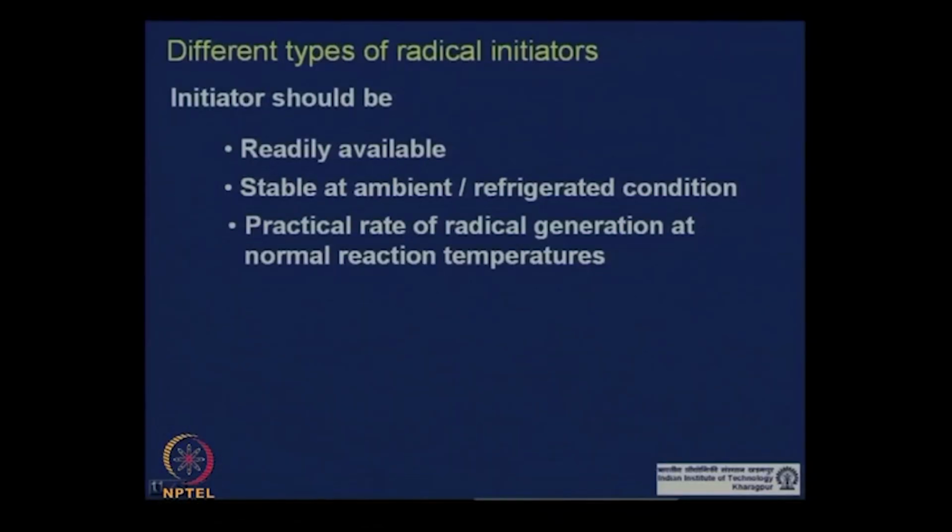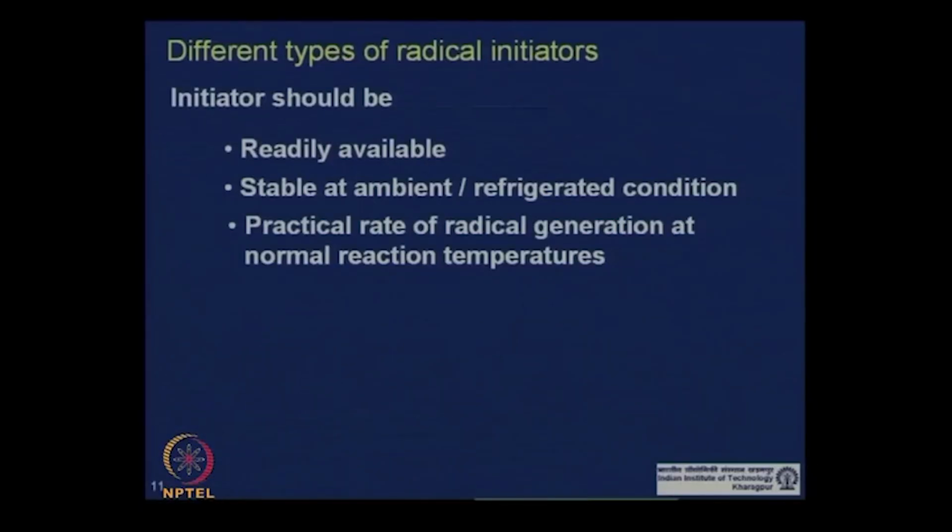And the third one we just talked about: it should generate radical at a practical rate at normal reaction temperature. It should not be too slow, or the reaction takes much longer, nor too high, as then there is a hazard because of exothermic reactions happening at a much faster rate.